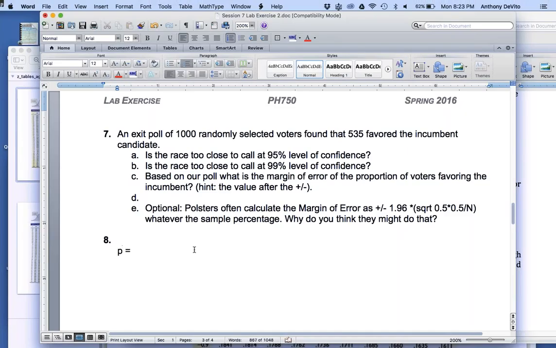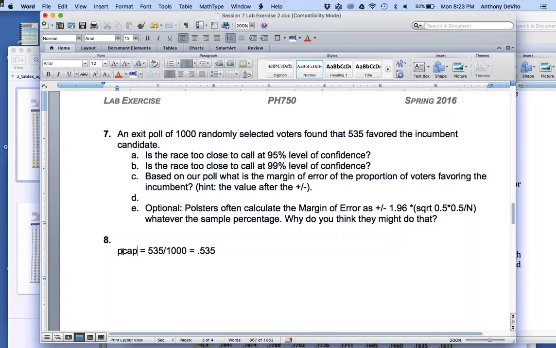So P is going to be equal to the probability that any randomly selected individual is going to vote for the incumbent, which is 535 divided by 1,000, or as you said, 0.535, right? That's our probability. Now I'm going to call that P cap, because I don't know what the true population proportion is.